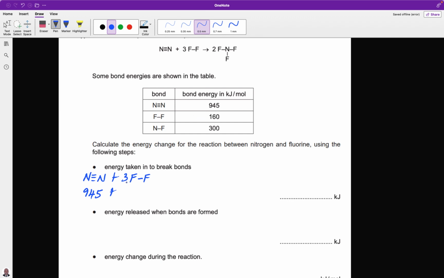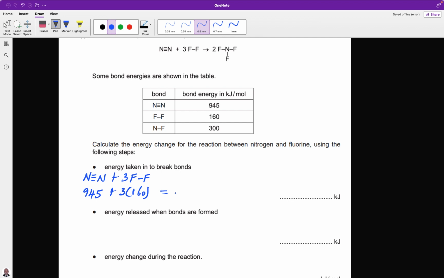There are 3 moles of fluorine molecule, so we have 3 into 160. The summation of all this will be, since I said energy is absorbed in bond breaking, the value is supposed to be what?